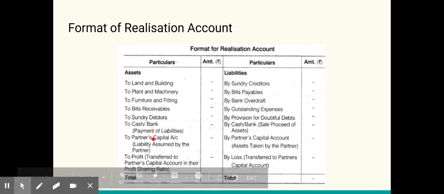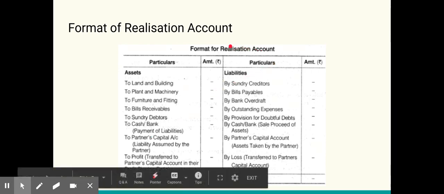Then, if any liability is taken by the partner, the journal entry will be realization account debit to partner's capital account, because the partner is paying the firm's liability. So, the firm is liable to pay the partner, as a result of which the partner's capital is increased. So, in the journal entry, the partner's capital is credited. Since the realization account is debited, we are writing on the debit side as to partner's capital account when the liability is paid by the partner.